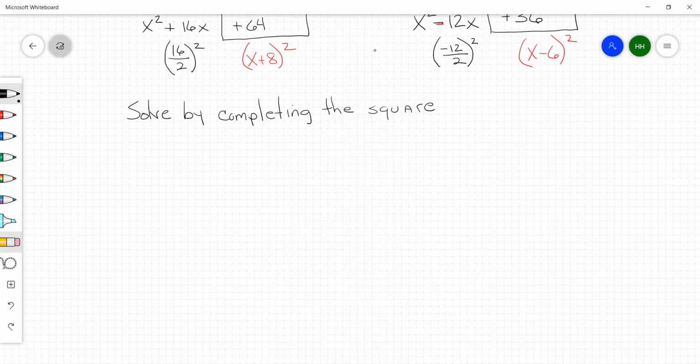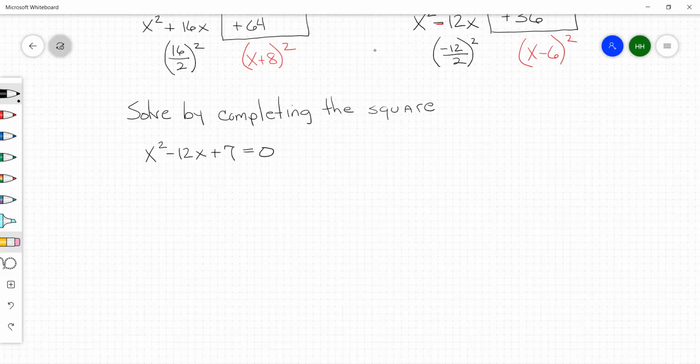So let's look at x squared minus 12x plus 7, and it's equal to 0. Now, if you're told to solve an equation by completing the square, that's a hint that this trinomial can't be factored.